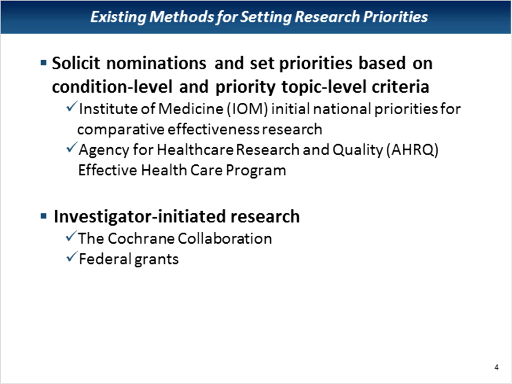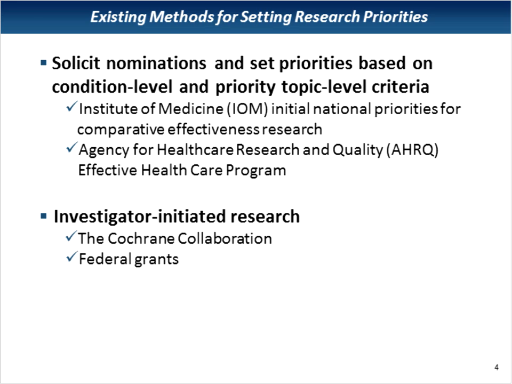For example, the condition level criteria could be the burden of disease, the cost, the variability in the usage of an intervention, and the priority topic level criteria could be whether there is existing evidence and what is the evidence gap, whether they can afford doing research in that area. This approach has been used by the Institute of Medicine and the Agency for Healthcare Research and Quality, both in the US, and I'm sure there are international organizations using a similar approach.